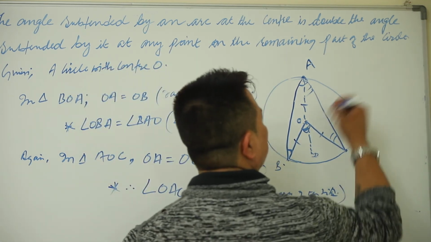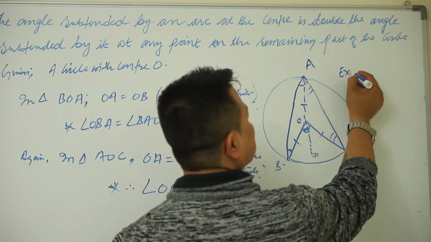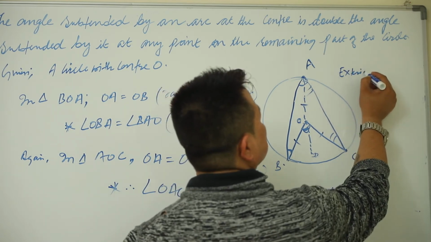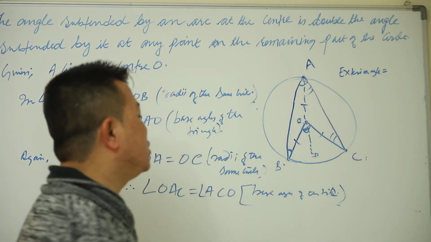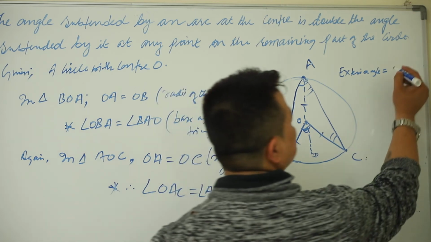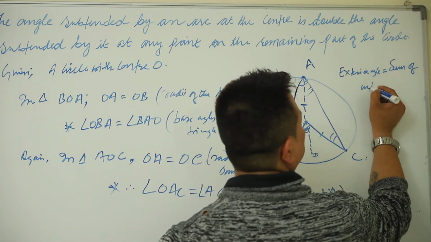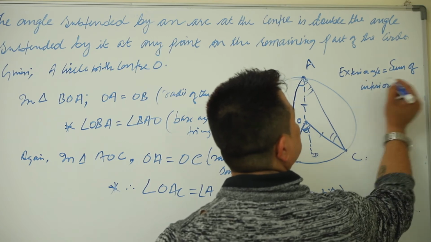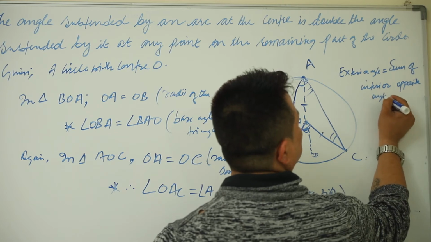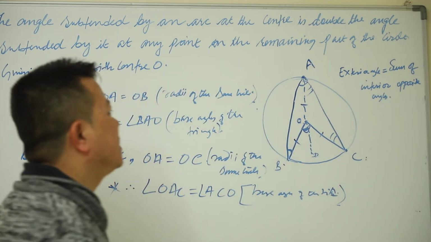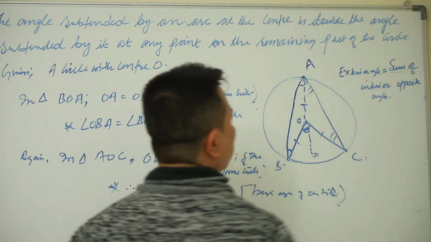The formula for finding the exterior angle: exterior angle is always equal to the sum of interior opposite angles. This is the basics that you have already done.